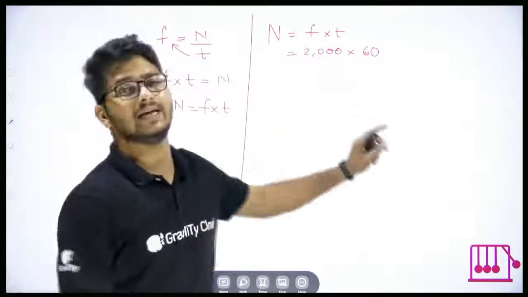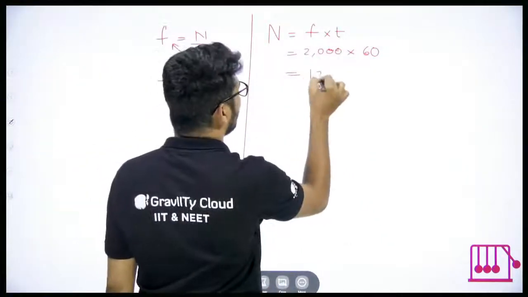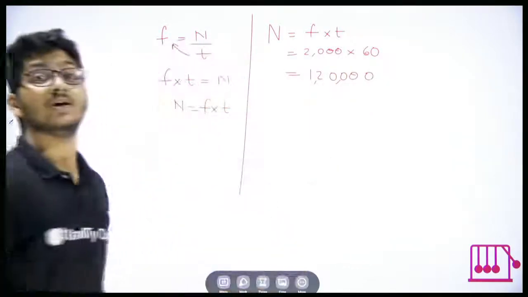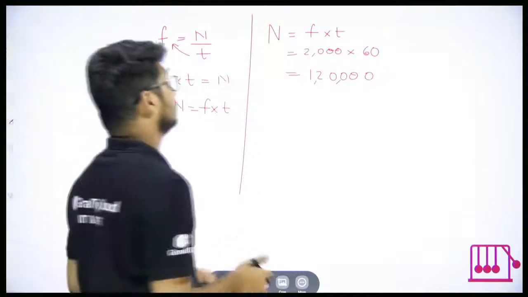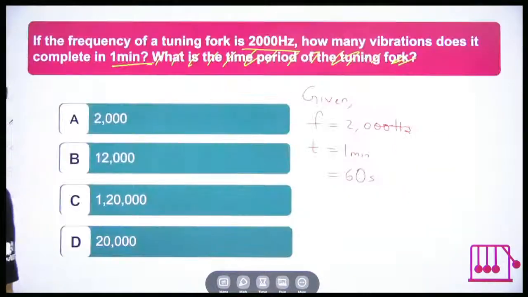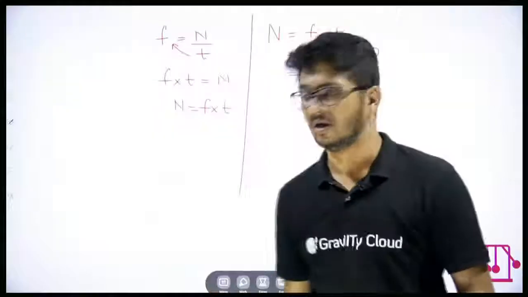How many zeros are there? 3 plus 1, 4 zeros. 6 into 2 is 12. And then you write down 4 zeros. So it comes around to be 1,20,000. This is the number. And that is what? Option C. Simple? Good? Okay.